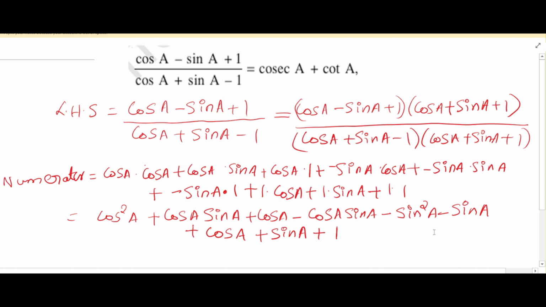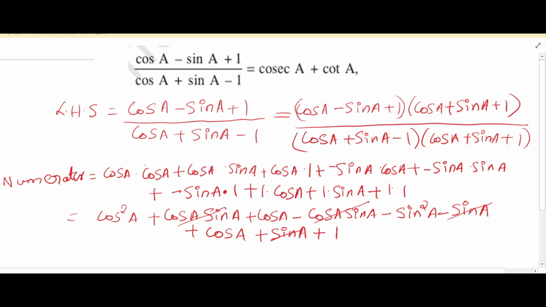Here we are going to rearrange. First we are going to cancel some of them. Here there is a plus sin A and there is a minus sin A. It becomes 0. Here there is a cos A sin A and a minus cos A sin A. So it becomes 0.